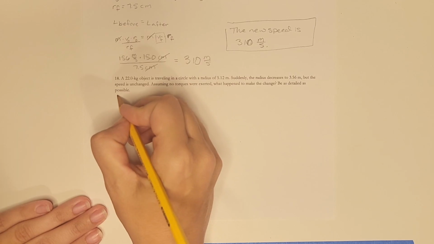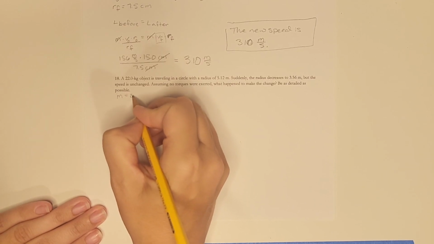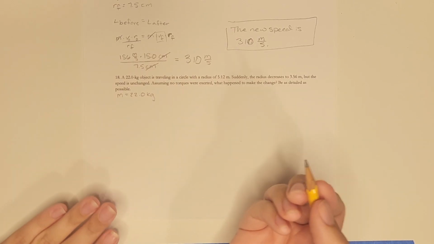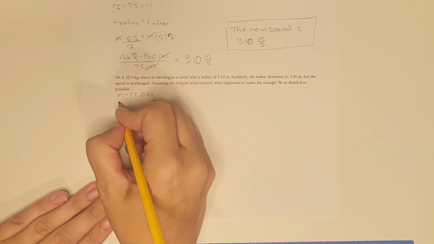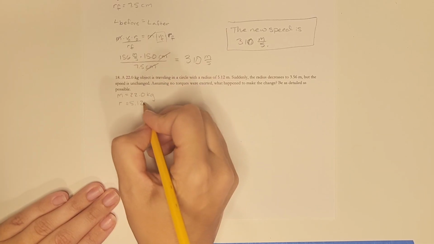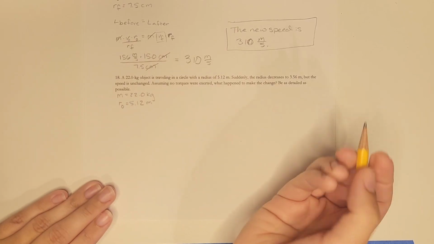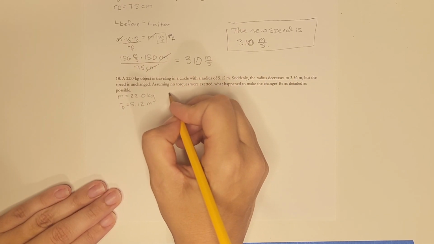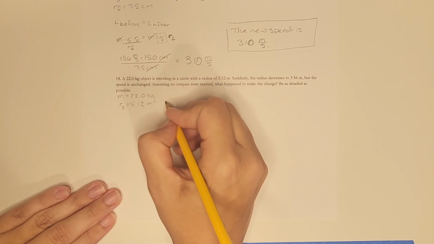So we're given a mass. We have a radius, and that is an initial radius, and then we have a final radius.